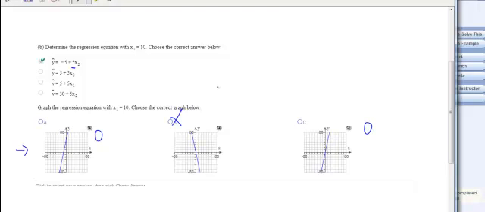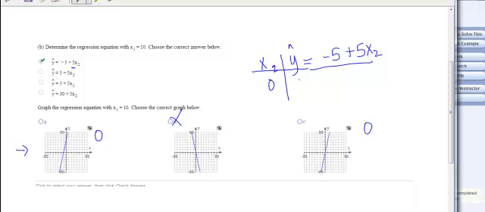So now we know that we can plot points with the equation, or we can look at the y-intercept. In plotting points, we can substitute in any numbers we want for x sub 2.